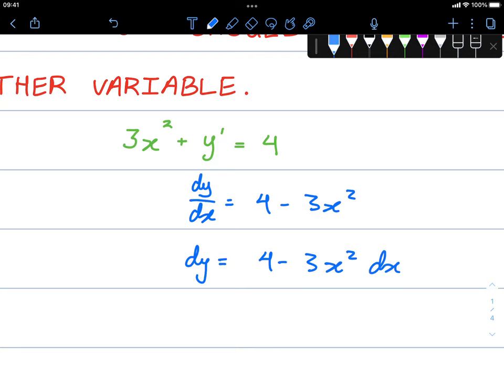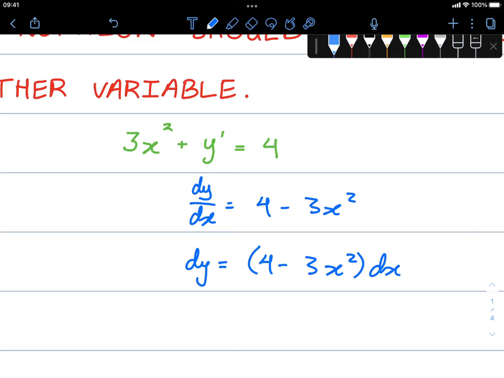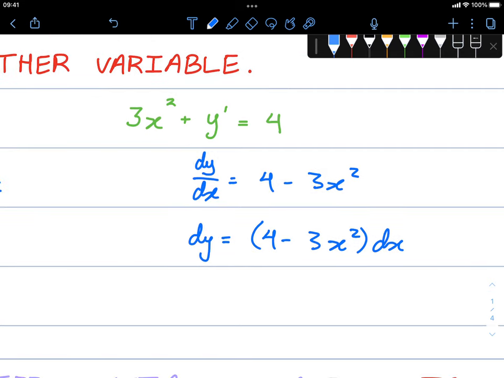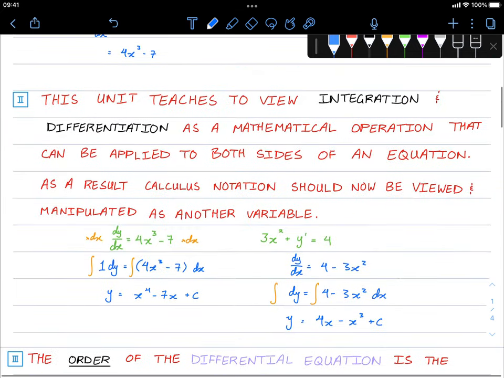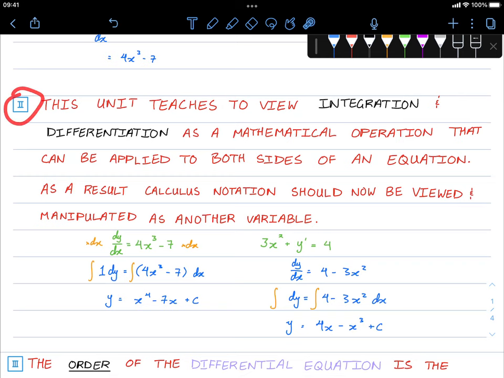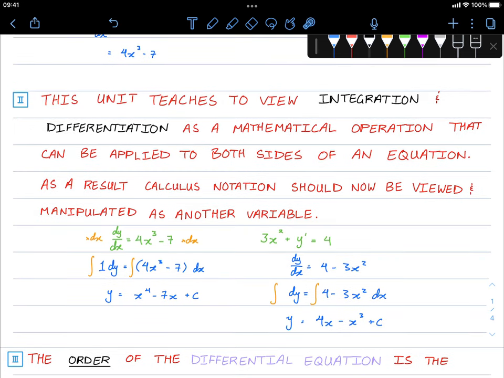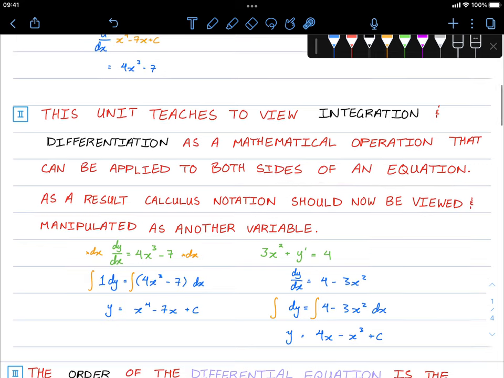Now remember, when we do this, we imagine it like so, where we have the dx for everything. And now we integrate both sides. This gives us y is equal to 4x minus x cubed plus c. Okay, so the second point is that we view integration and differentiation as a mathematical operation that can be applied to both sides of an equation.